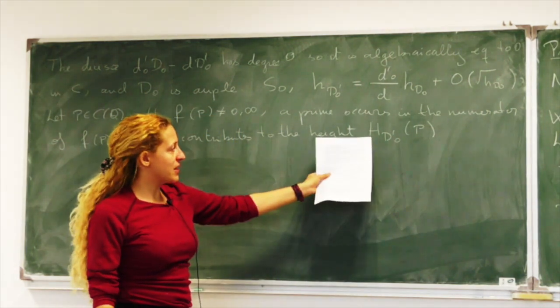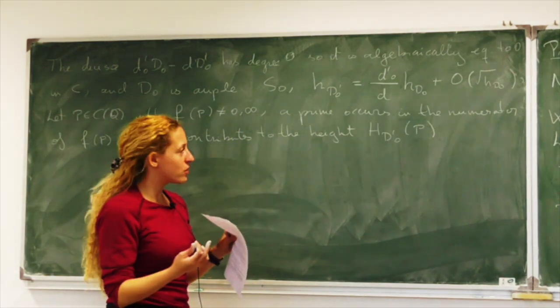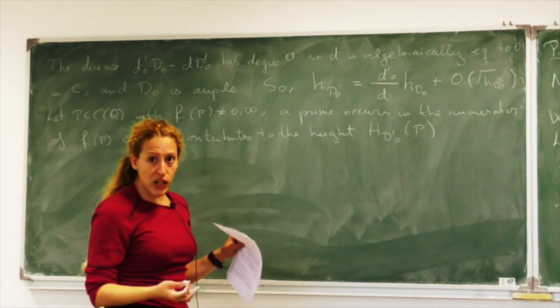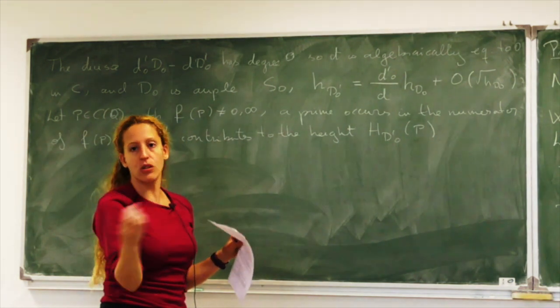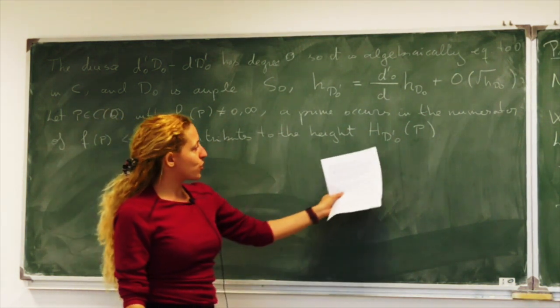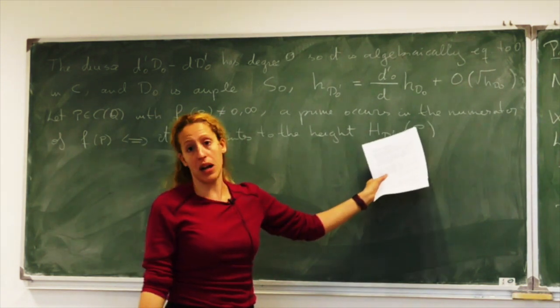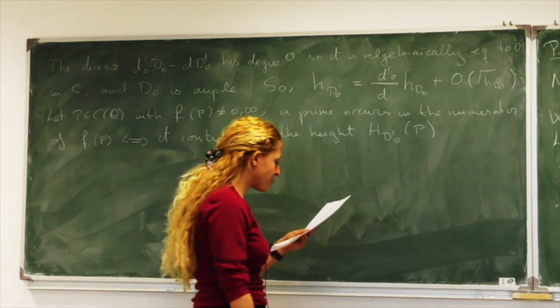Because recall that this height, we do the product that runs through all the valuations, and we take the maximum of those valuations. So in order to contribute to this height, we need the prime p to appear in the numerator.